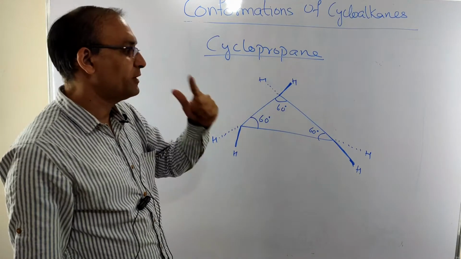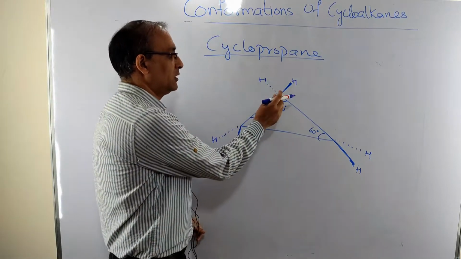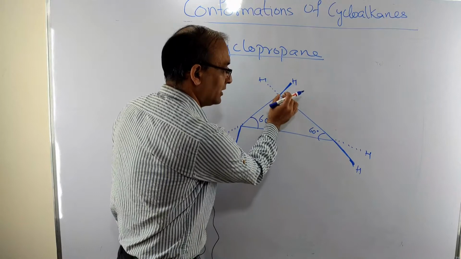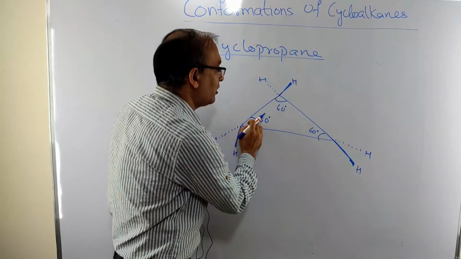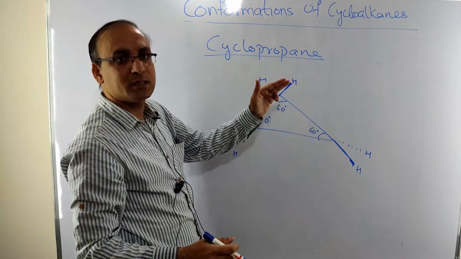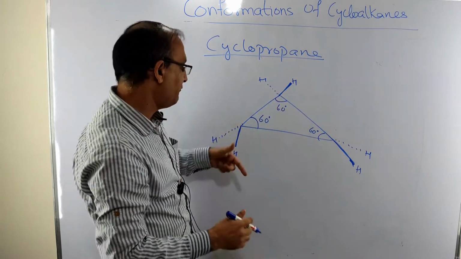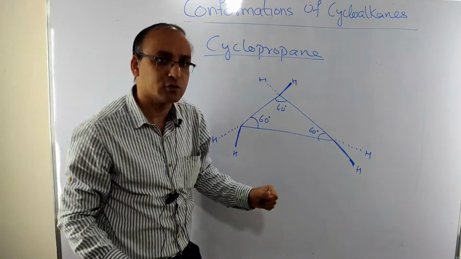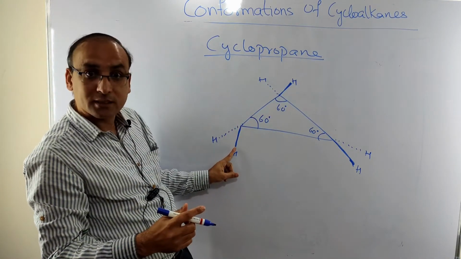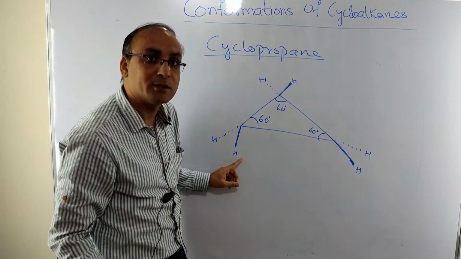Apart from that, it also faces very strong torsional strain. Now look at these hydrogens. Imagine all the carbons are in plane, on the board. These bonds are on the board, and one hydrogen is coming outwards and one hydrogen is going inside the board, kind of a V. Same V here also, and same way here also. Now what is happening? This hydrogen is eclipsing this hydrogen, and these two hydrogens are also eclipsing.